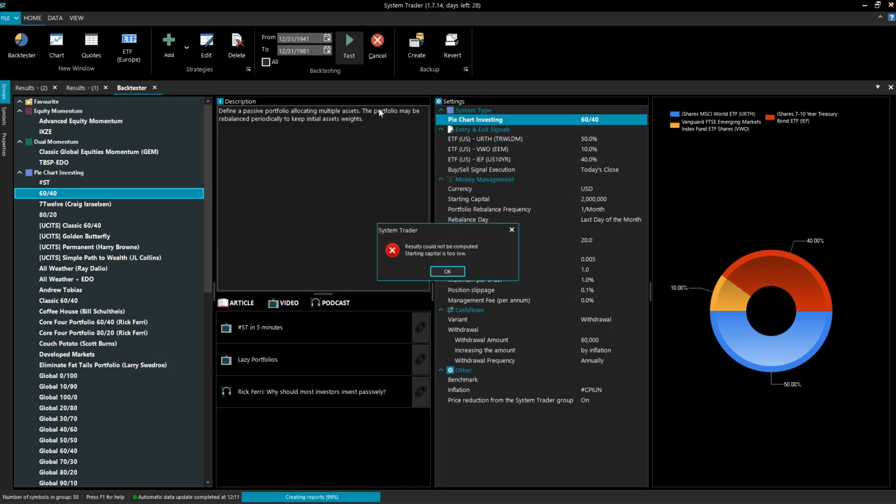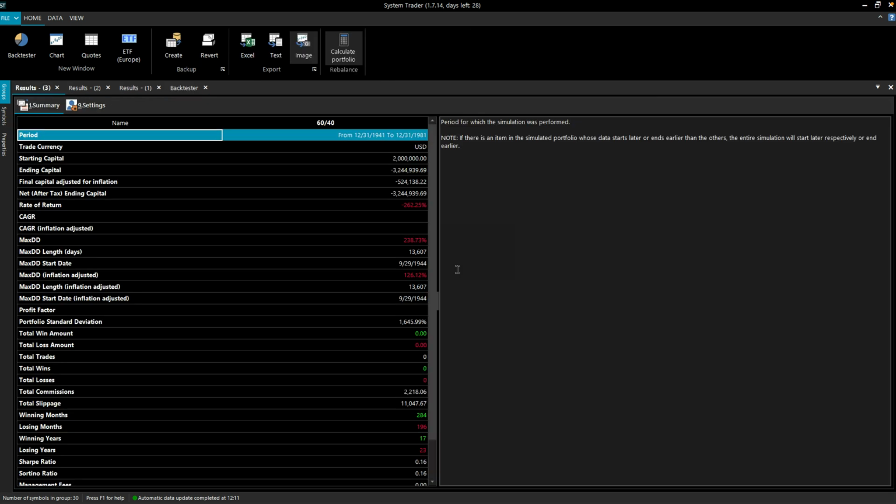Oops, and we can see a bad message. Results could not be computed. Starting capital is too low. What happened? Well, if we would continue withdrawing our money till 1981, in fact, we would have minus 3 million on our account, which is not possible.